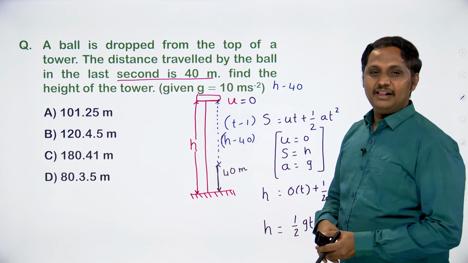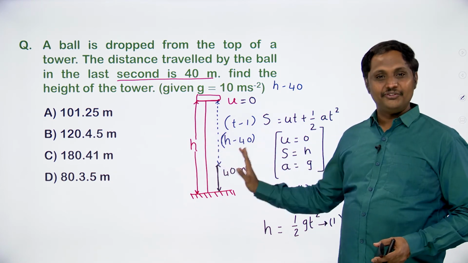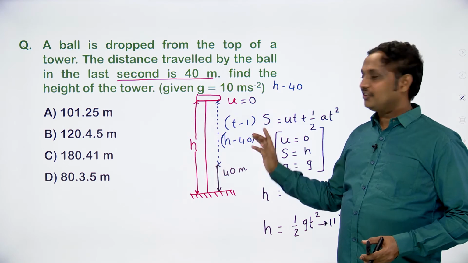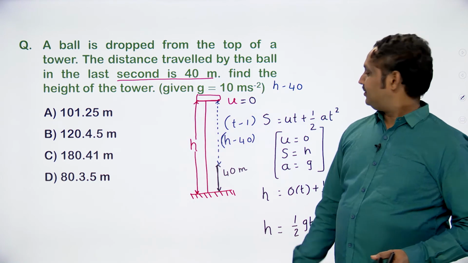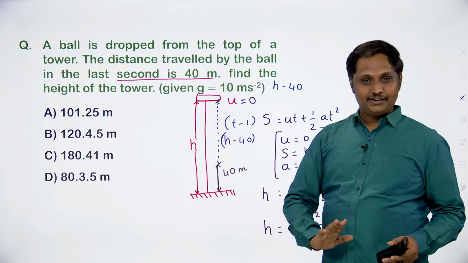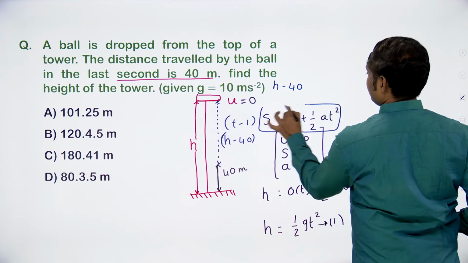In t seconds it has travelled the vertical distance h. In t minus 1 seconds it has the vertical distance h minus 40. We will apply that equation of motion.